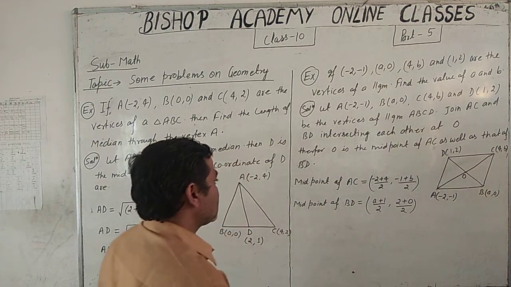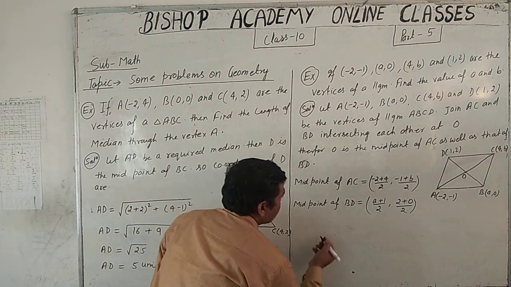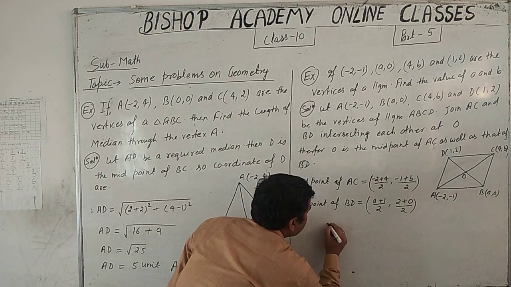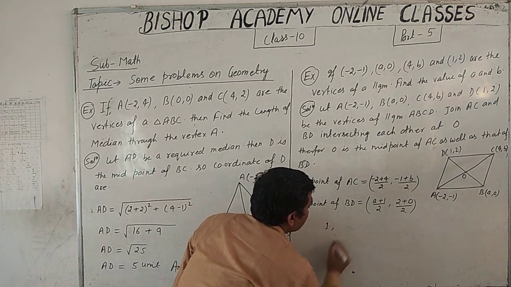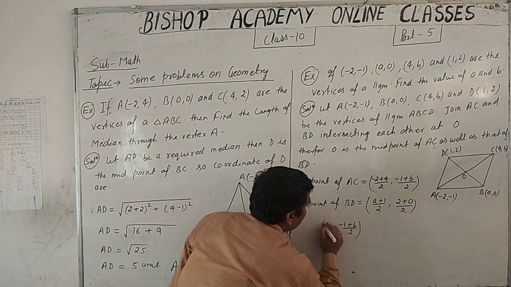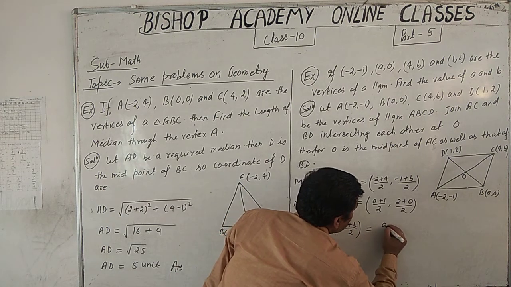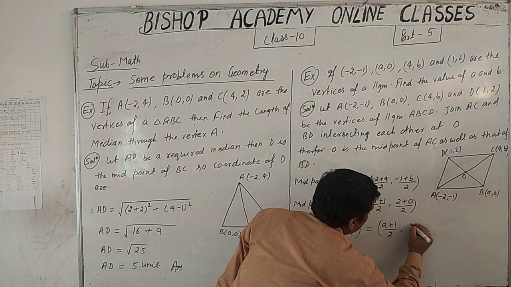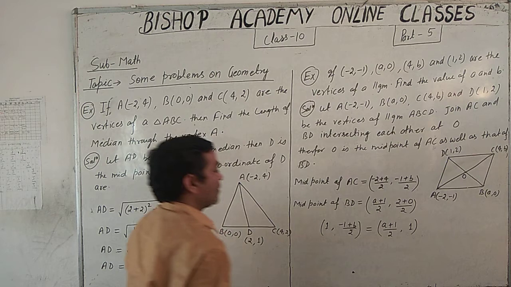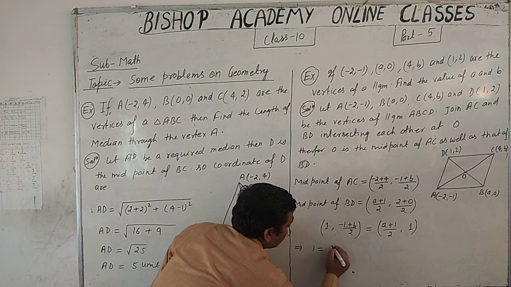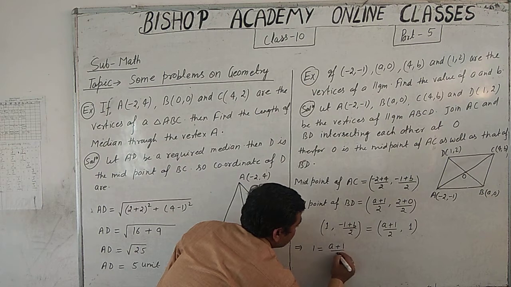They are the same points. Then (4 minus 2) upon 2, which is 1, and (-1 plus b) upon 2 are equal to (a plus 1) upon 2 and 2 upon 2, which is 1. Therefore 1 equals (a plus 1) upon 2.